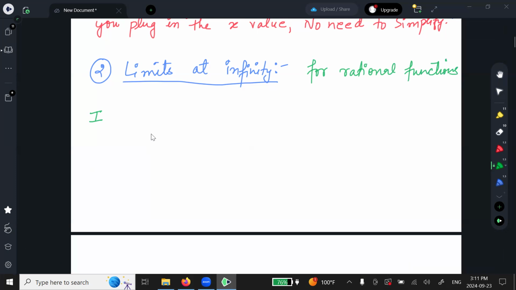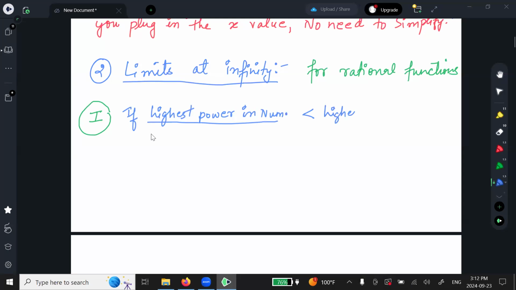What do we notice for fractions? We will check the degree of the numerator and degree of the denominator. Basically, you look for the highest power, okay? Number 1, if the highest power of your variable in the numerator is strictly less than the highest power in the denominator, then what happens?